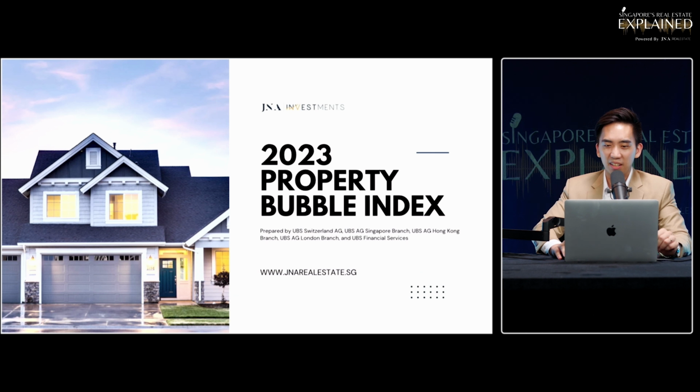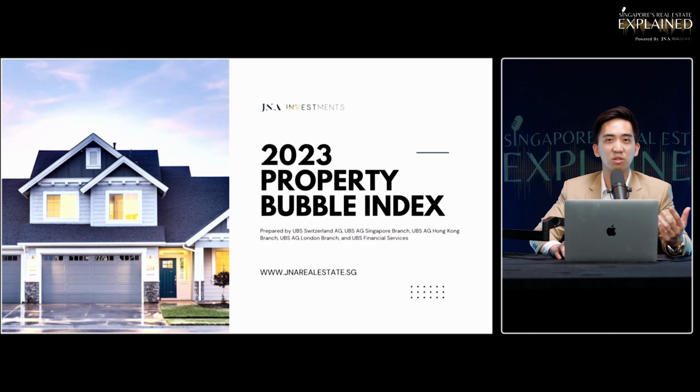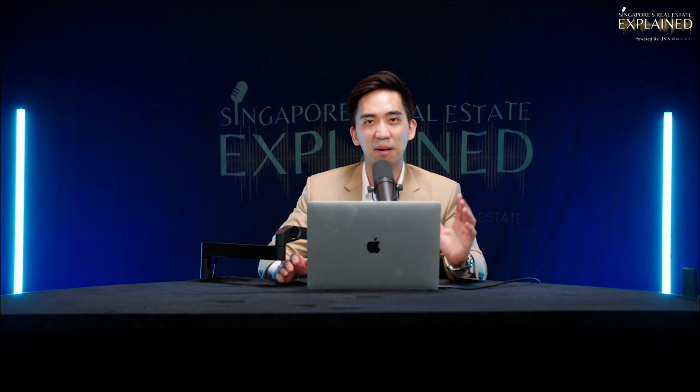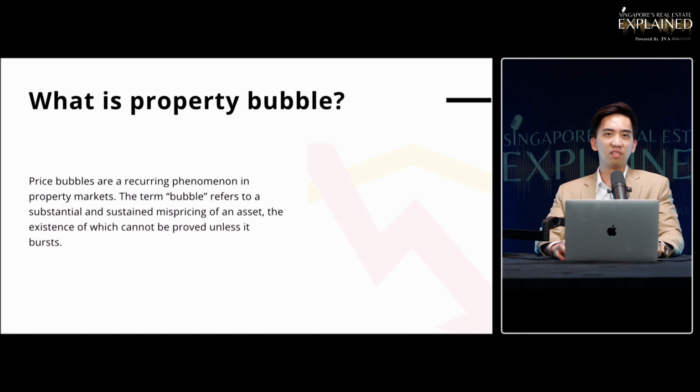So today, this bubble index is a key element that was just announced, as I mentioned, 2 weeks ago, to see how exactly the Singapore property bubble and also other countries' property bubbles fared over the year of 2023. But before we move on to this report, let's understand a little more what exactly a property bubble is. A property bubble, or rather price bubble, is a recurring phenomenon in property markets.